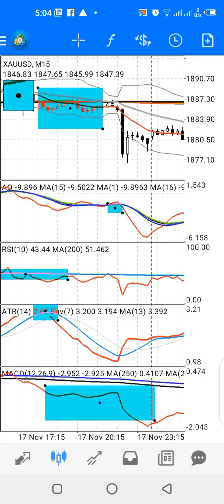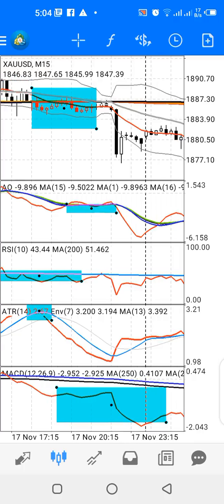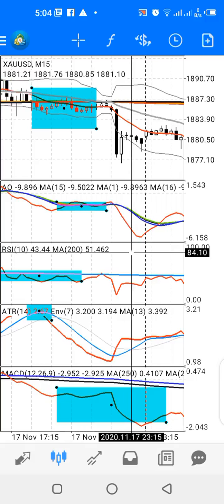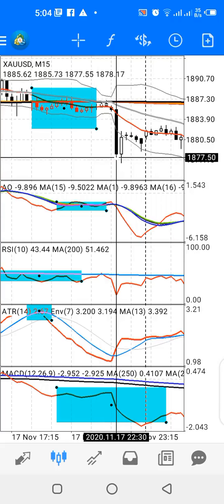The red line is below the blue and black lines, which means you can only sell. This attempted to go up around here, but came down below, which means you can only sell. The alignment for sell starts somewhere around here.